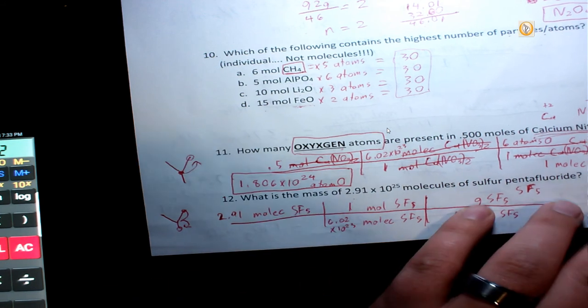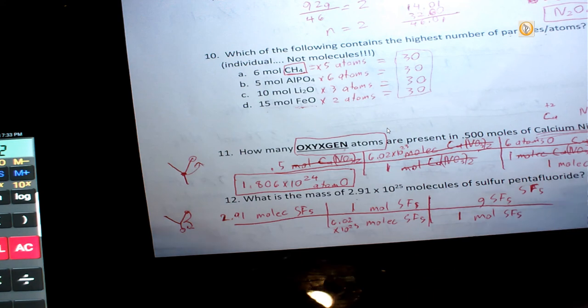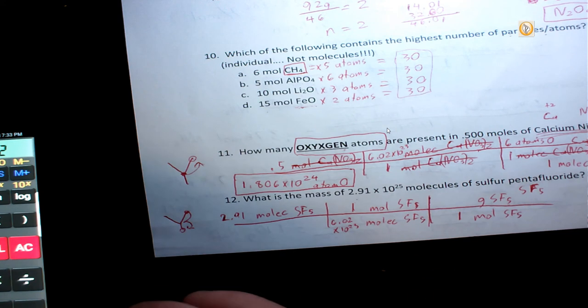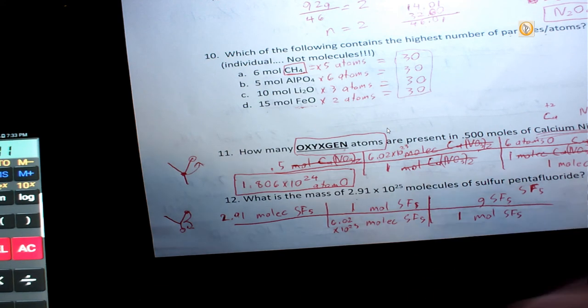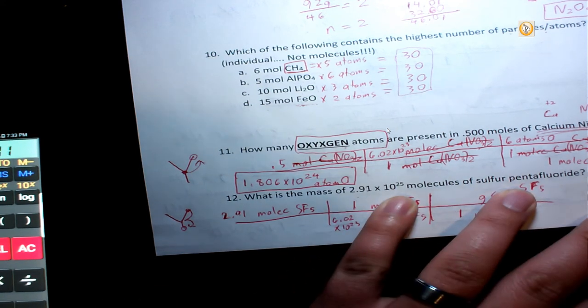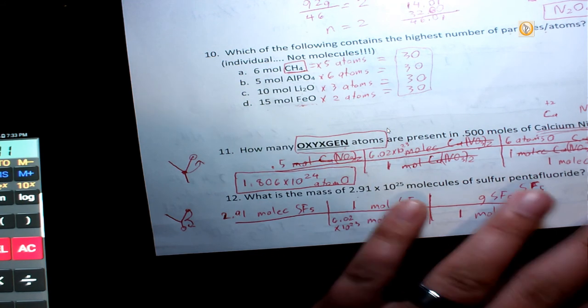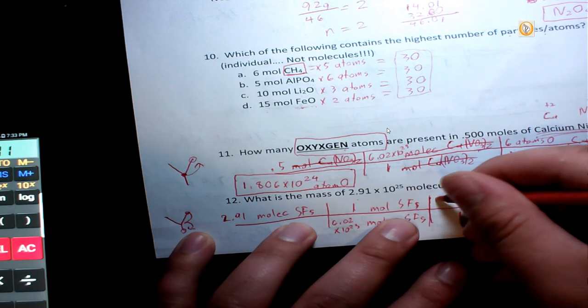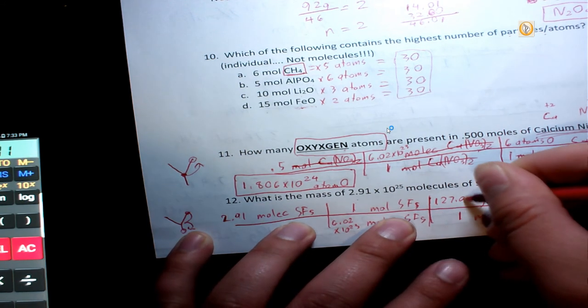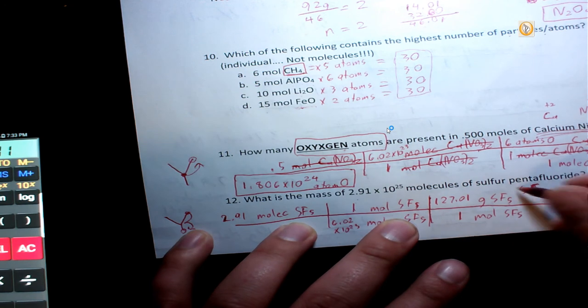I forgot my 0.01 here. 32.01 plus 95 gives us 127.01. That's not going to change too much, actually. So 127.01 is our final spot there.